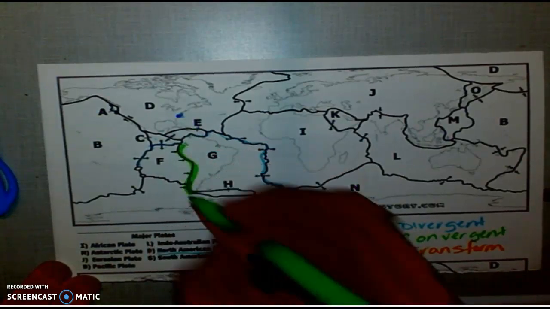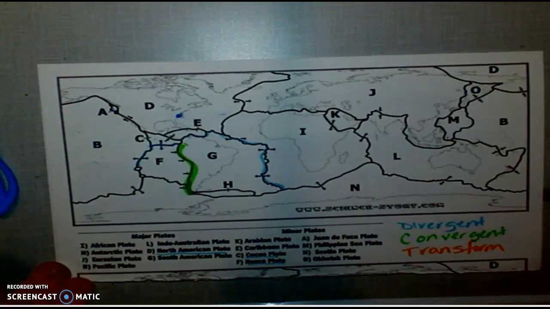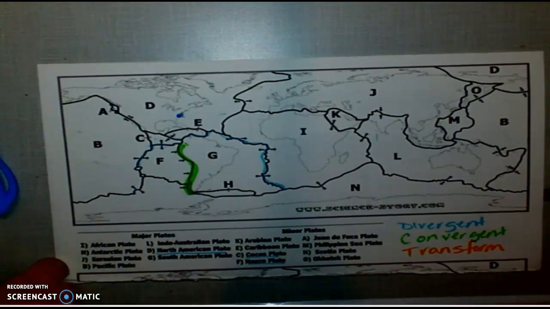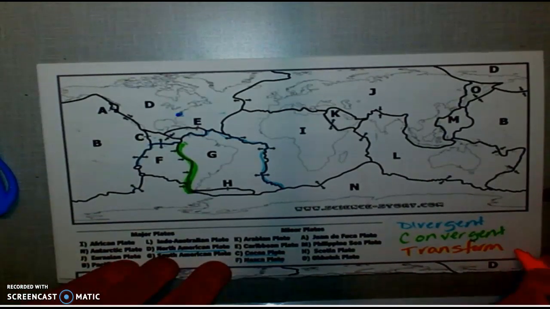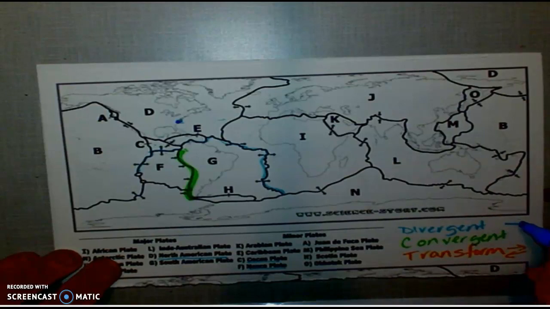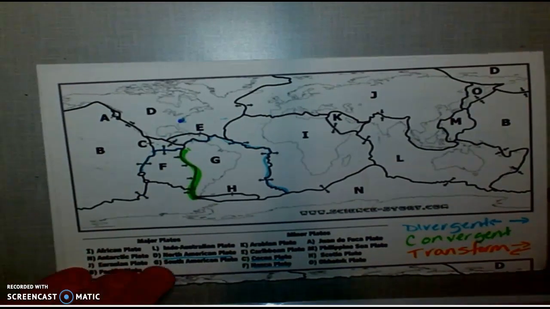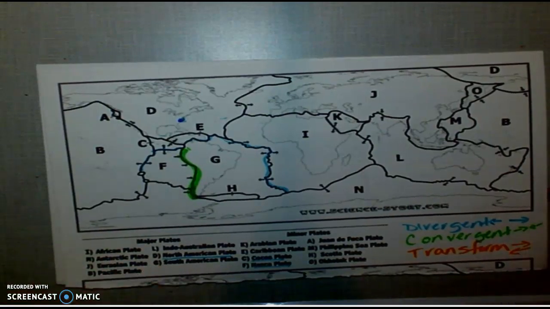Now, do you see any of the plates on here where they're going in opposite directions? So remember the transform goes like this. The divergent goes in opposite directions, pulling apart, and then the converging comes pushing together. So do you see anywhere here?